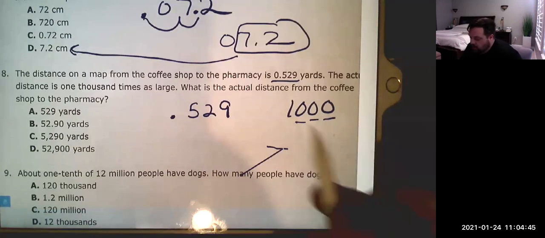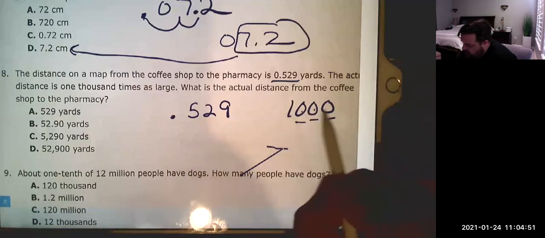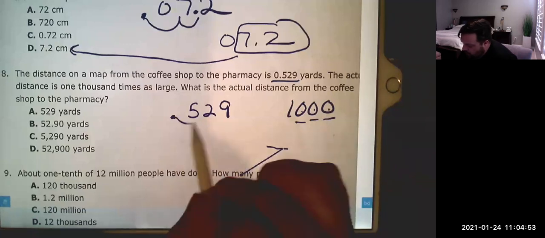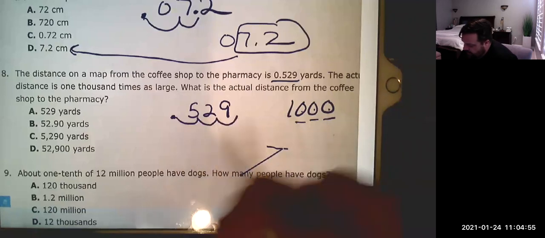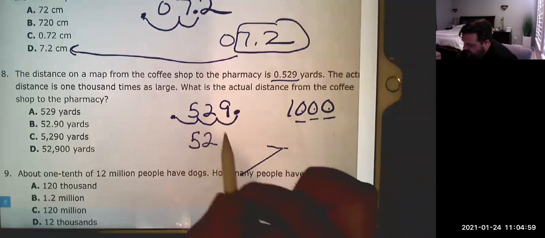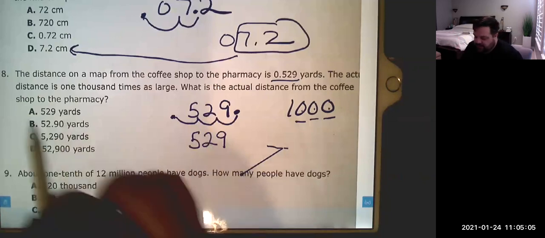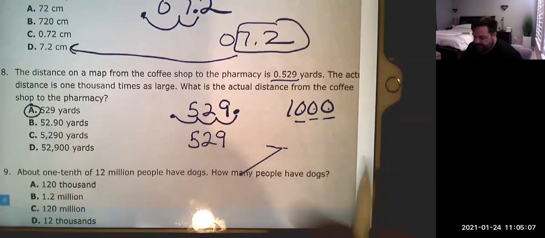You've got to go to the right the amount of times it says. So 1, 2, 3. Your decimal would now go here, and you would have 529, which is just 529, right? Pay attention to which way you're moving. Your answer would be A.